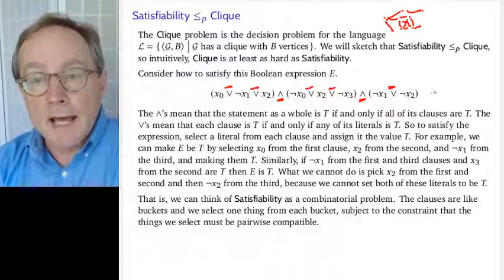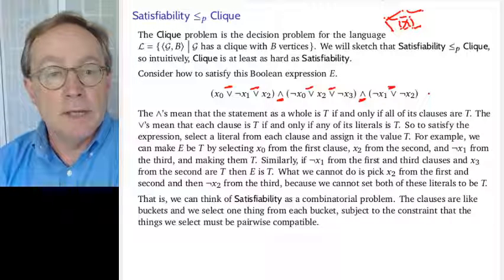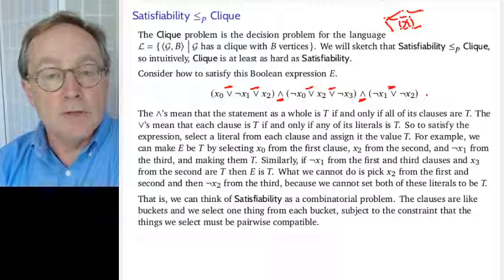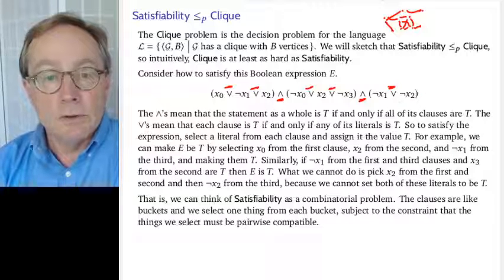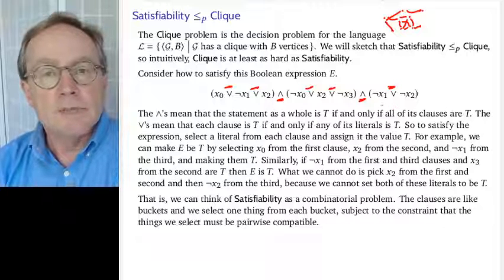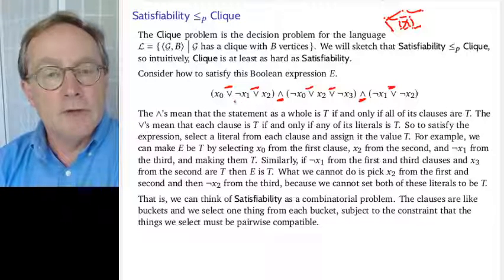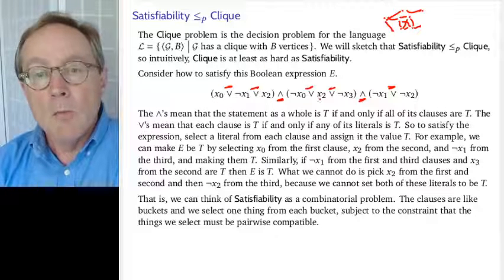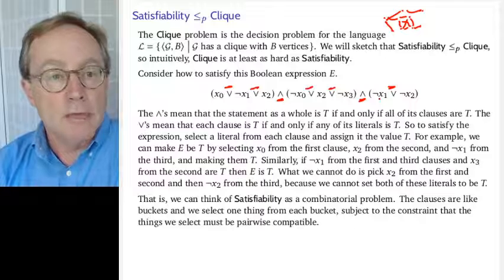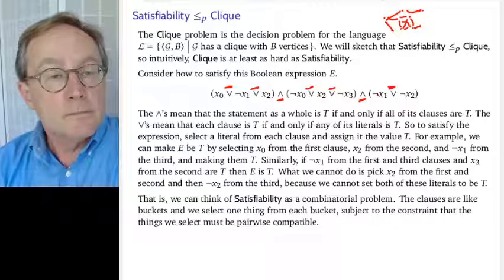So when I ask, here's an expression E, can you satisfy it? What I'm asking is: I've given you three buckets, and is there a way to pull out from the first bucket one of the literals, from the second bucket one of the literals, and from the third bucket one of the literals, and make those true?